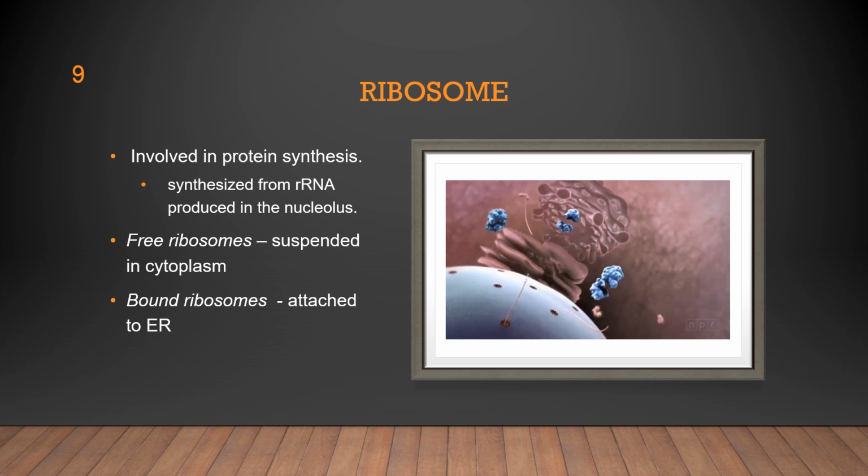These organelles serve a variety of functions, and there are two parts to the ribosomes, two different subunits, and they each perform a different part of the synthesis of a protein.